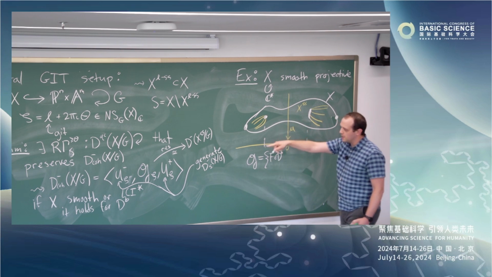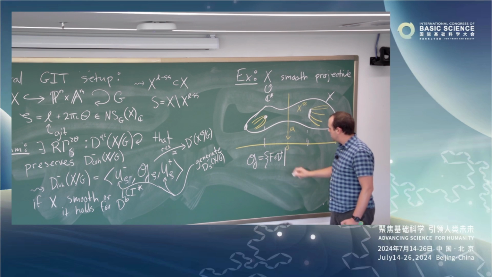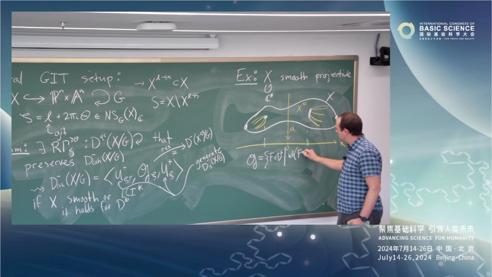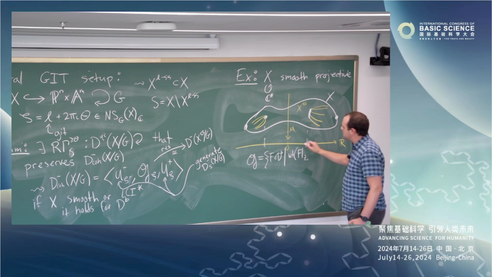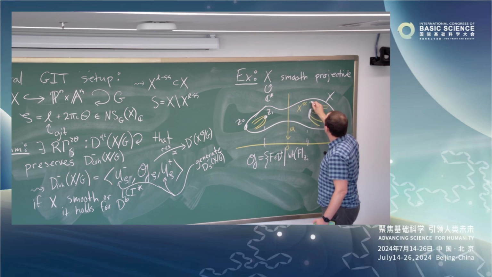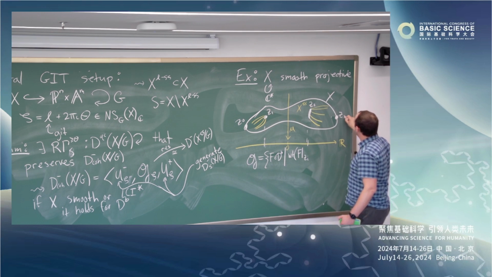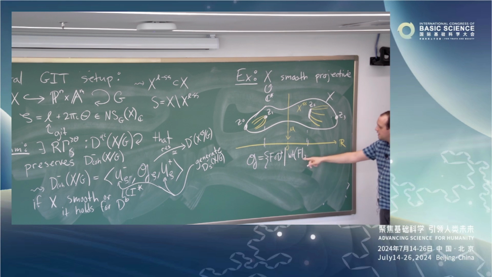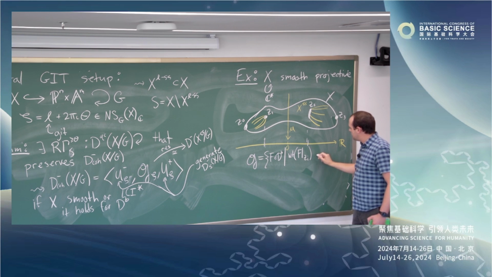This is a smooth situation, so the restriction to each fixed locus, let me give these names Z0, Z1, Z2, has to be in some interval.